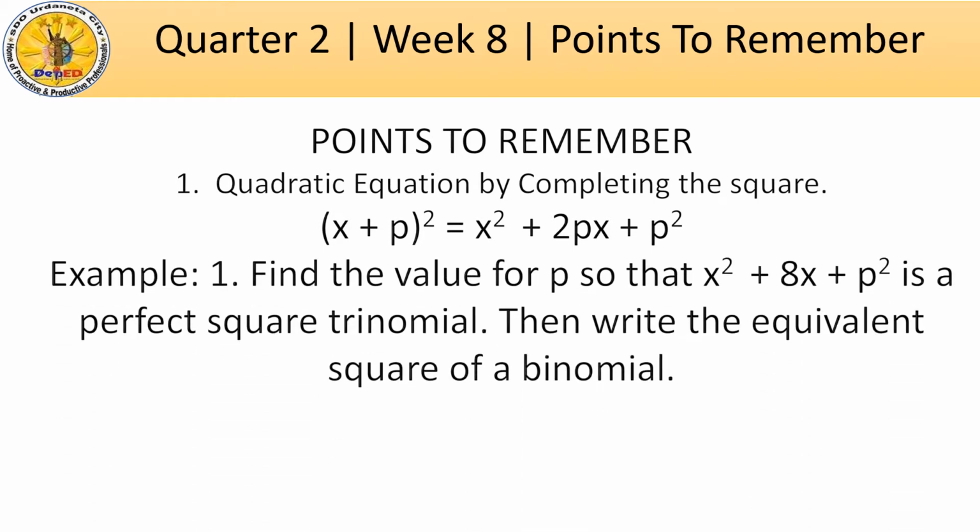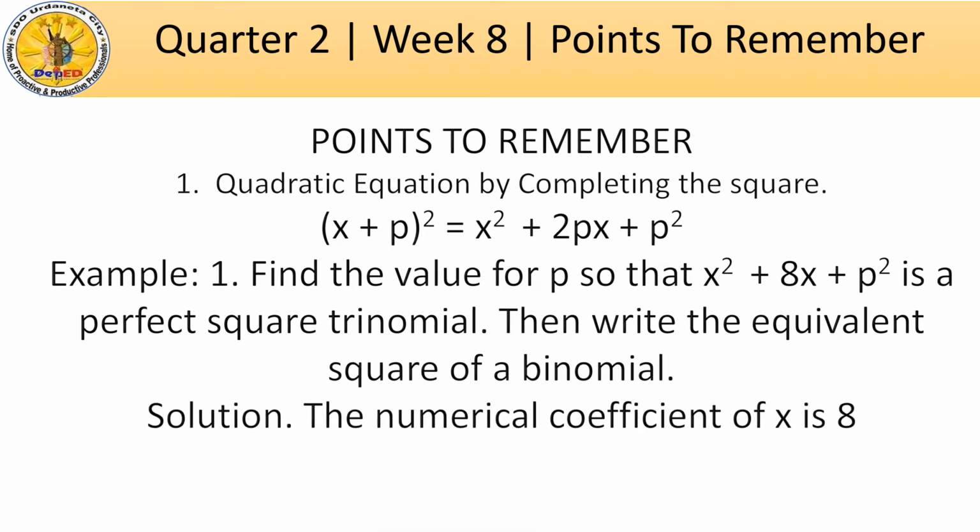For example, find the value of p so that x squared plus 8x plus p squared is a perfect square trinomial. Then after that, write the equivalent square of a binomial. The numerical coefficient of x is 8. One half of 8 is equal to 4.